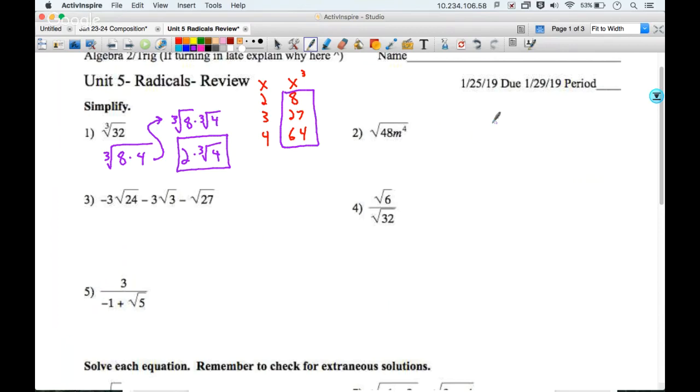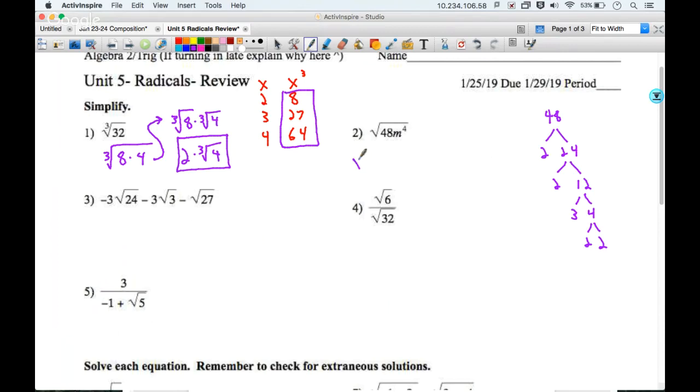Problem number 2, I might use a different method. I call this the jailbreak method, where I take the number inside and I factor it completely. So 48 can be split into a 2 and a 24. 24 can be split into a 2 and a 12. 12 could be split into a 3 and a 4, and the 4 could be split into a 2 and a 2.